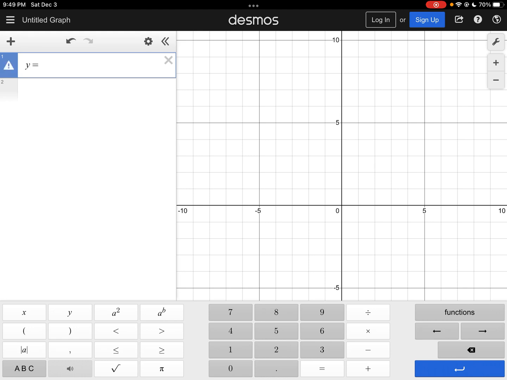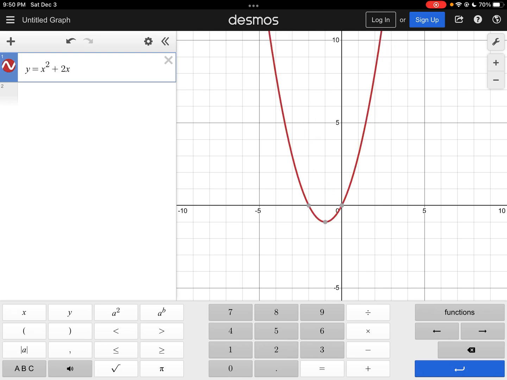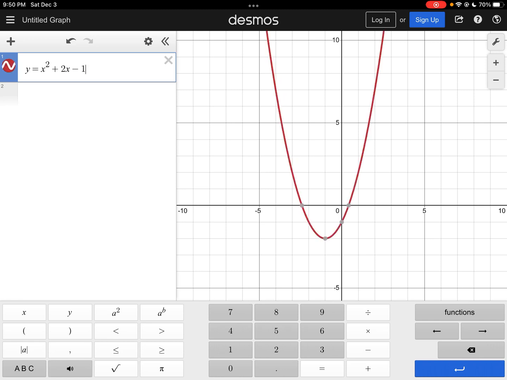So here we go, y equals x squared plus 2x minus 1, there we go. I'm terrible at using Desmos.